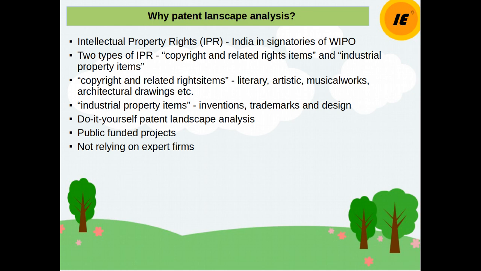On the other hand, industrial property items are basically inventions, trademarks and designs. As you can see, in our case it is the invention that we are talking about, and that falls under industrial property items.